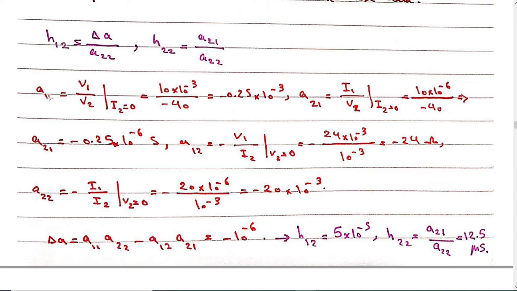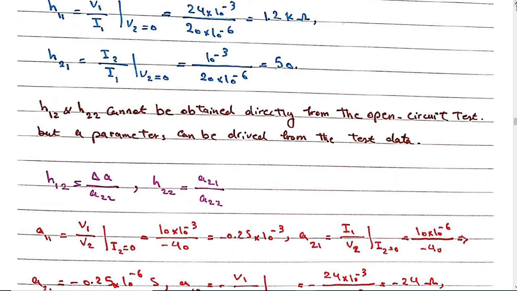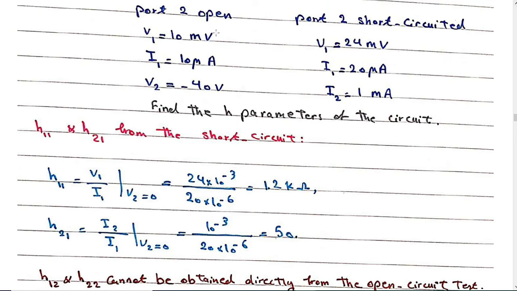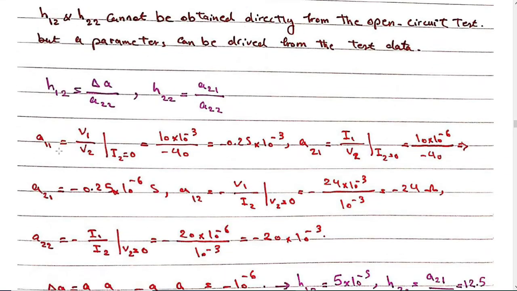A11 is V1 divided by V2 when I2 is 0. You have two sets of measurements, which one? When I2 is 0, so you use this set of measurements. From here you can calculate A11.